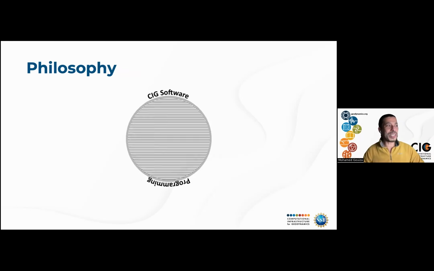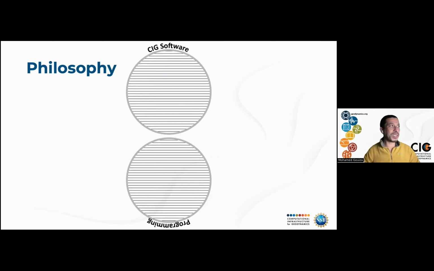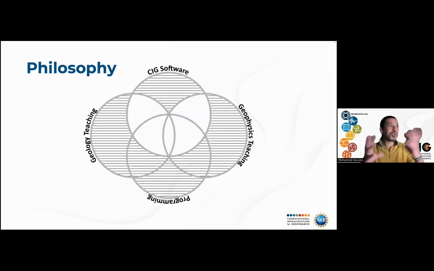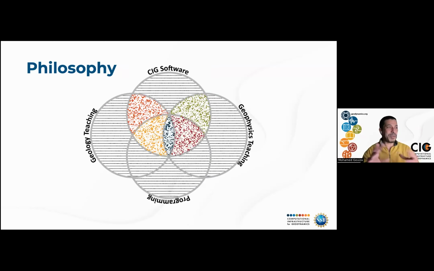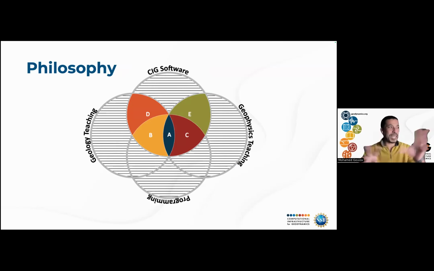In terms of computational skills, there are two components as well. We have CIG software, including its aspects, and there are also other useful computational skills, like programming skills, that are separate from the geodynamic modeling skills. If we integrate those four components, we manage to identify different fields and ways to integrate them when trying to build those educational resources.